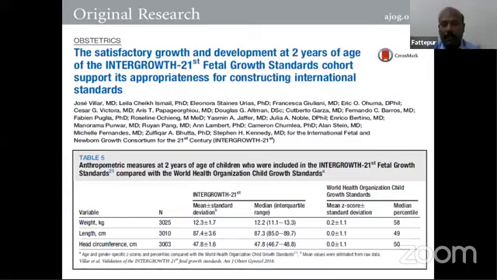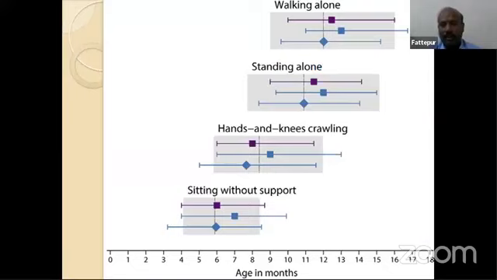At 2 years of age, when they studied the mean with the standard deviation of the weight, height, and head circumference, they almost matched the WHO standards. Not only the growth, even the development.